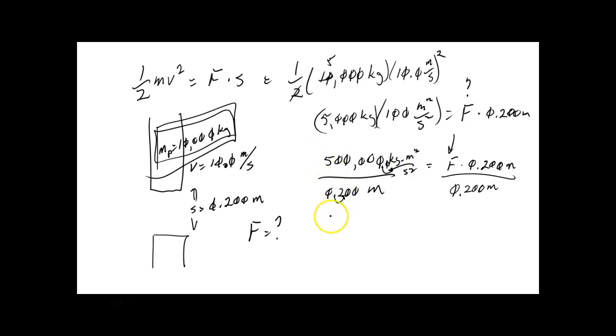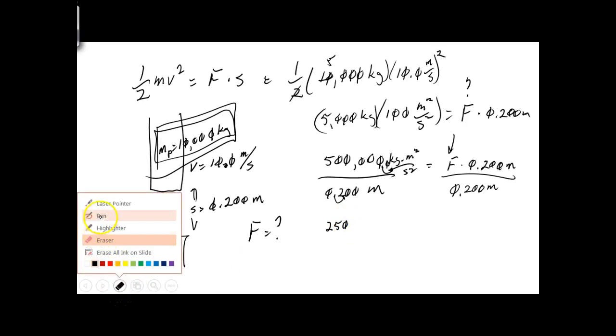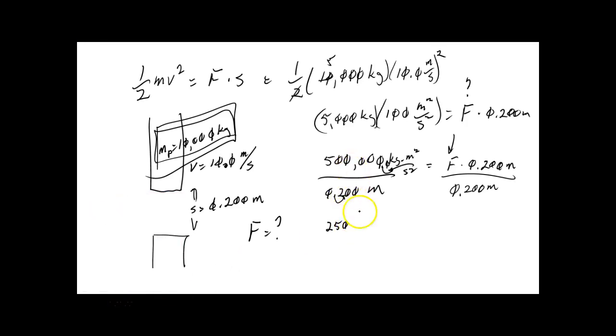And 2 into 50 will be 25, and then zeros.